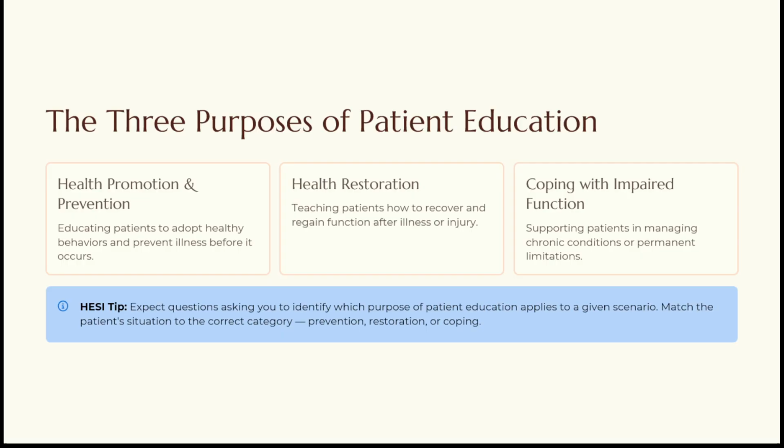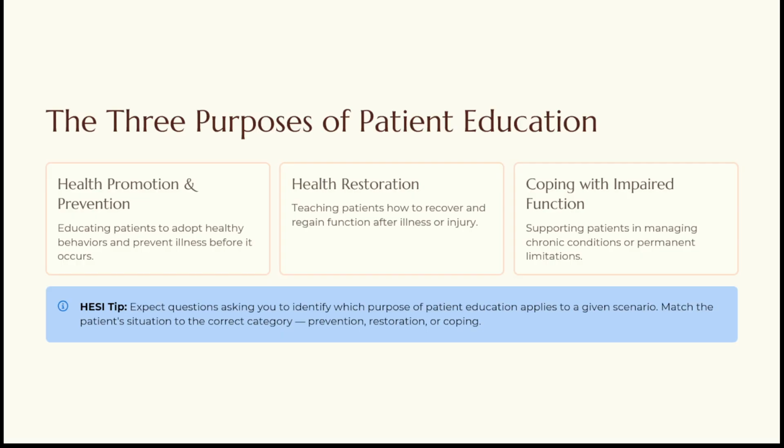There are three primary purposes of patient education, and HESI frequently asks students to identify which purpose applies in a scenario. The first is health promotion and disease prevention. This occurs before illness develops and focuses on maintaining wellness. Some examples can include smoking cessation, exercise programs, nutrition counseling, blood pressure screenings, vaccinations, or even safe sex education.